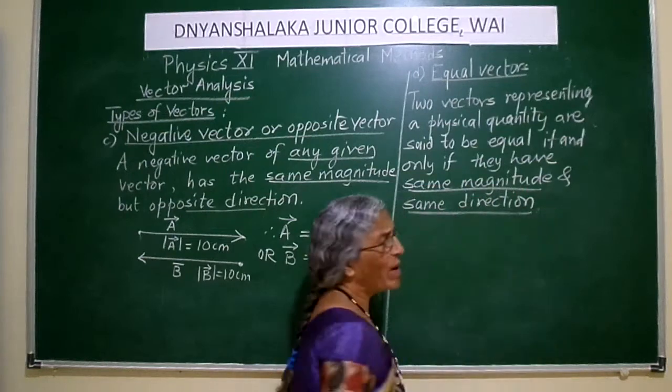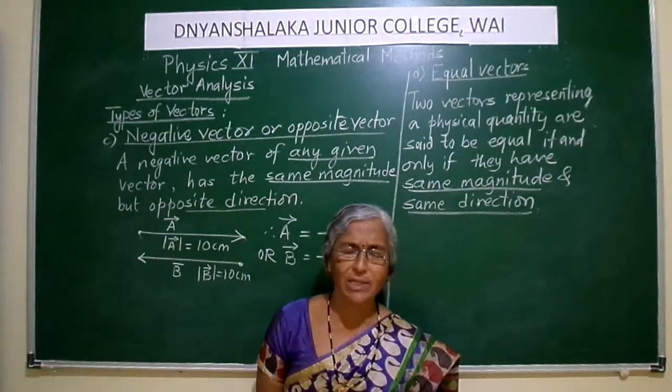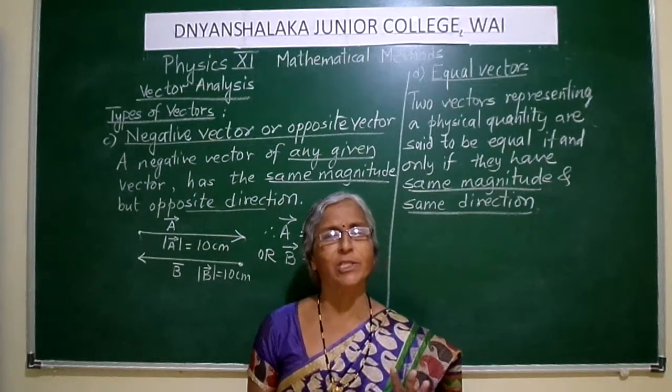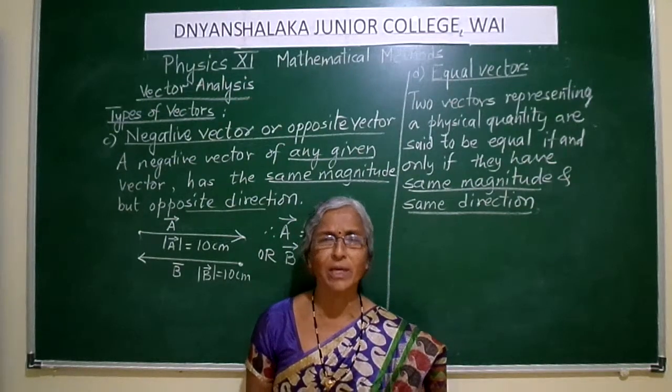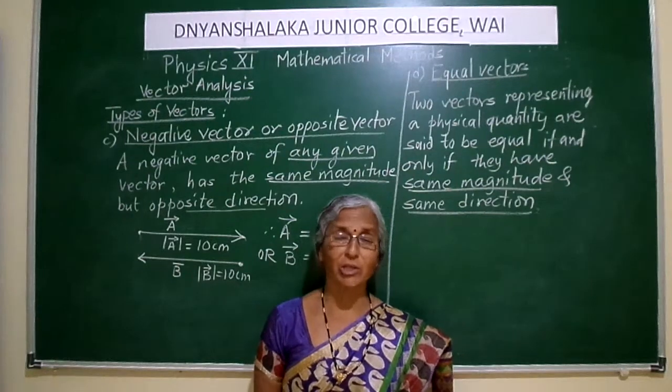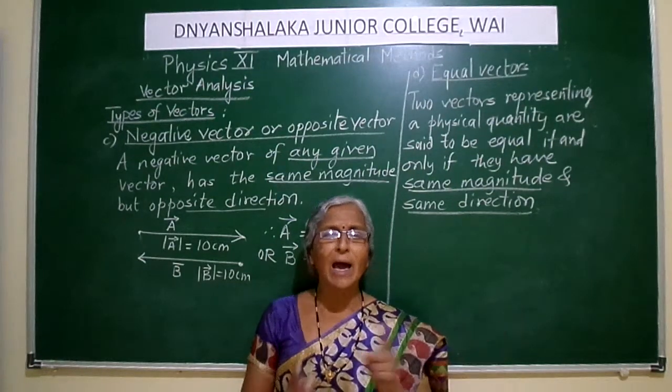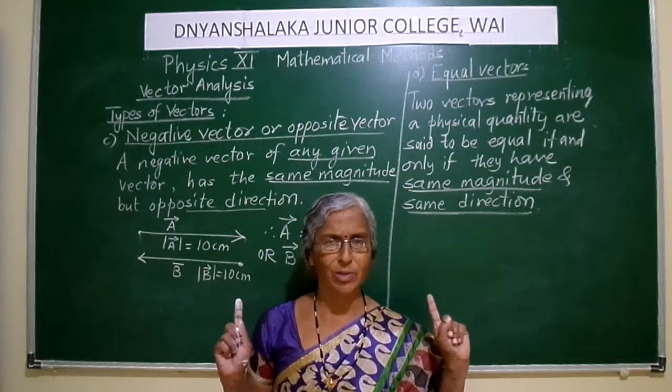So two vectors which are representing a particular physical quantity are said to be equal if and only if they have the same direction and the same magnitude.